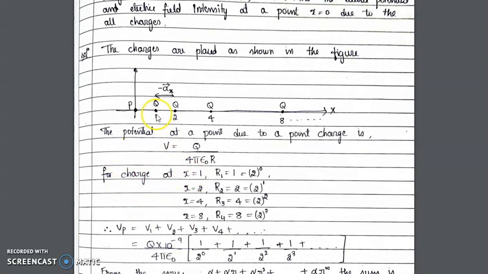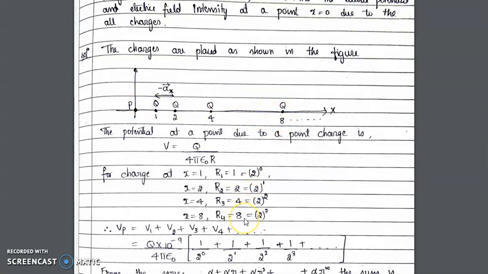For the first charge, what is the distance between point P and the first charge? I will take that as R1, and the distance is 1. Similarly, for the second charge, R2 is 2. The distance between the third charge and P is 4, and the distance between P and the fourth charge is 8.